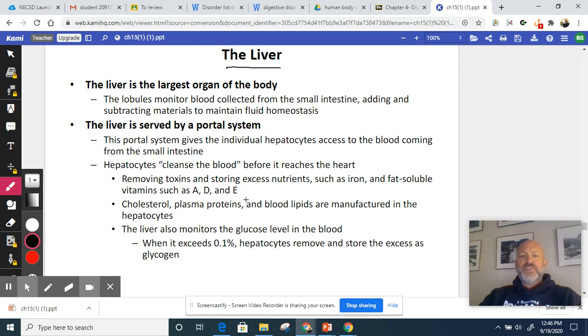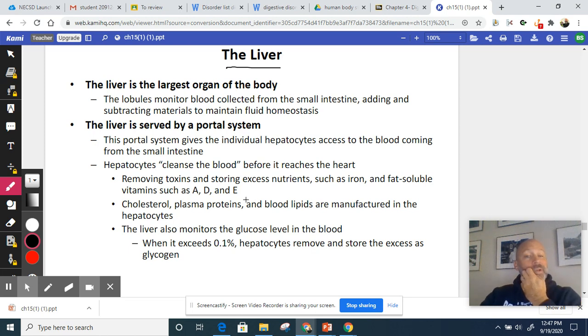And what this system does is it gives these specialized cells of the liver called hepatocytes access to this blood. So these hepatocytes will inspect the blood and clean the blood before it is sent from the intestines to the heart, removing toxins, removing anything that's in there in excess, such as nutrients or iron or vitamins or whatnot.